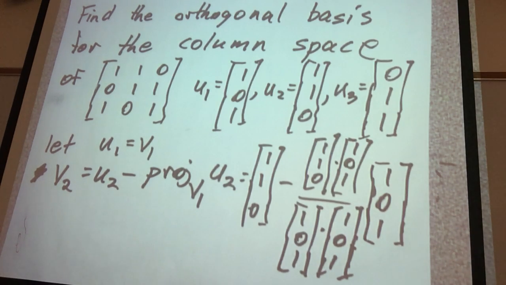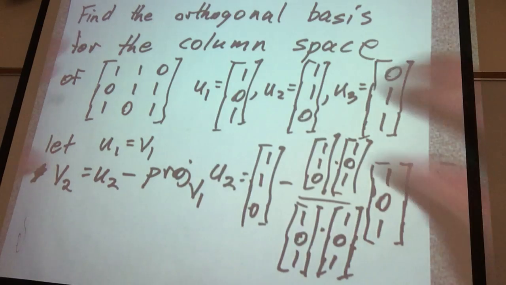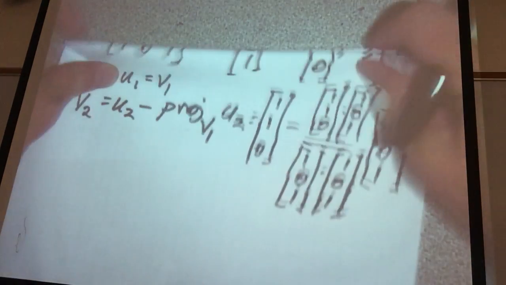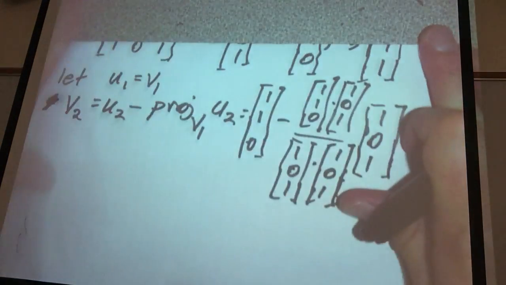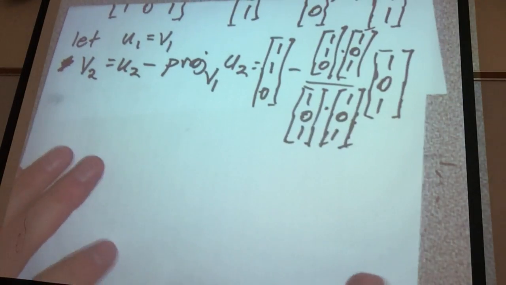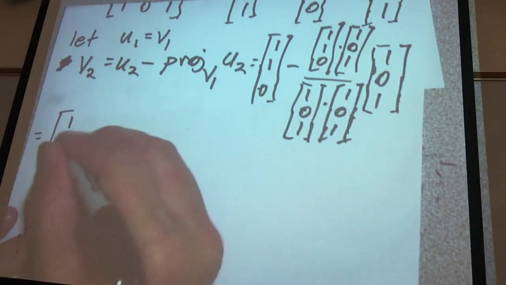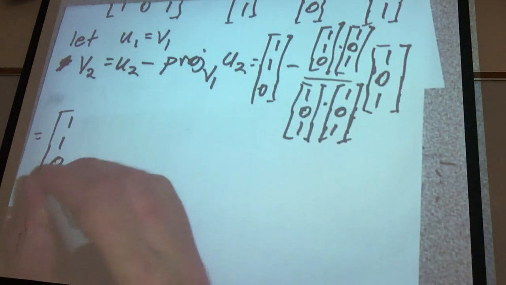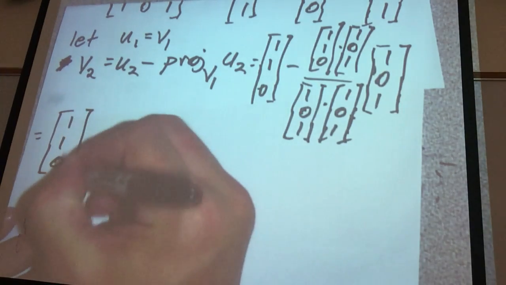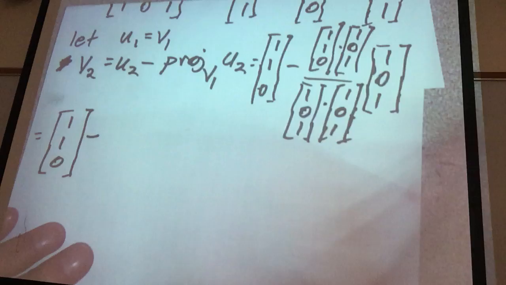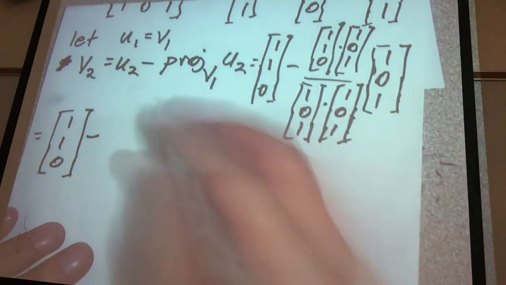Okay, so the projection of U2 upon V1, that's what we're having to consider at this point. That would equal now 1, 1, 0, and minus, okay, so this one right here would just turn out to be a 1.